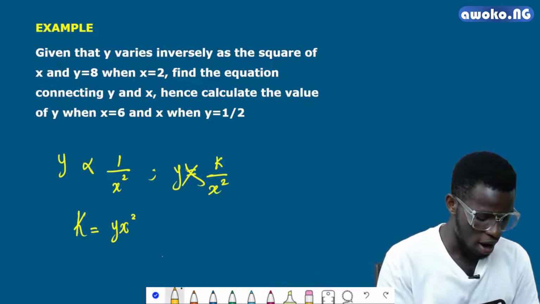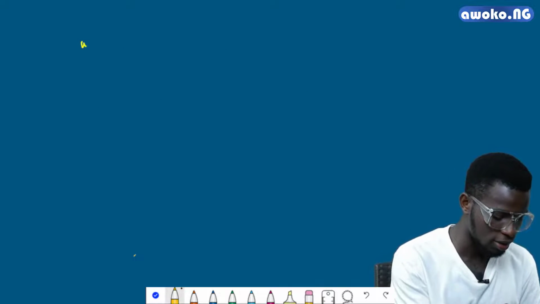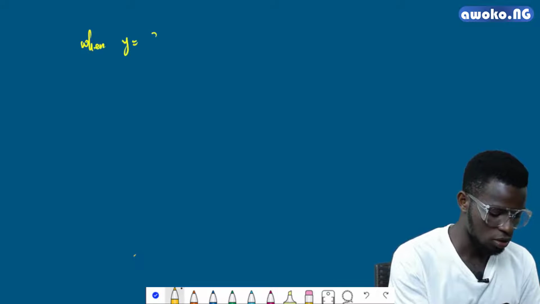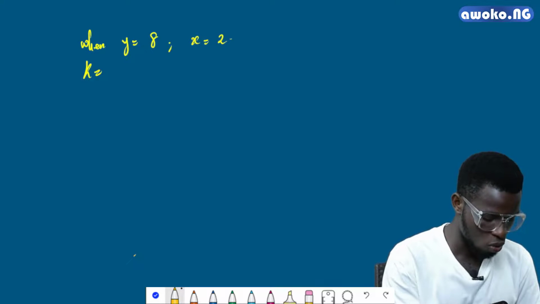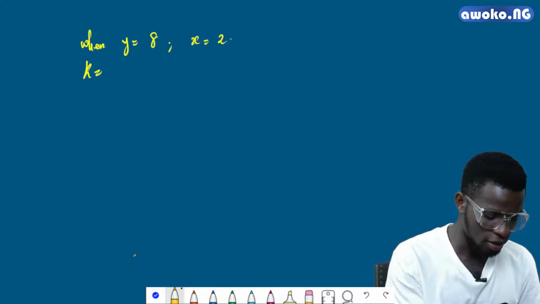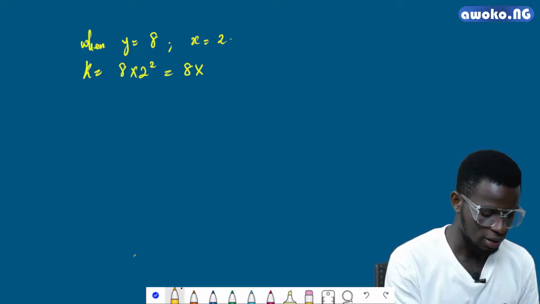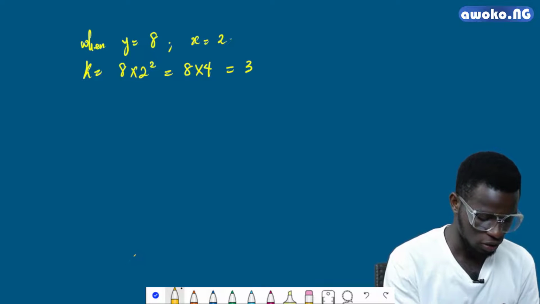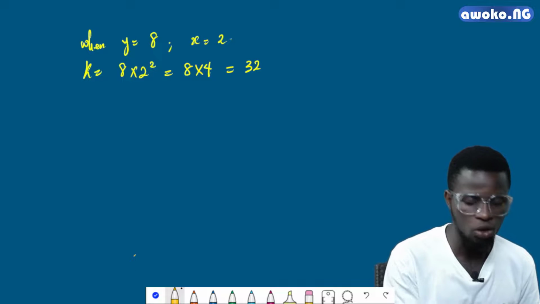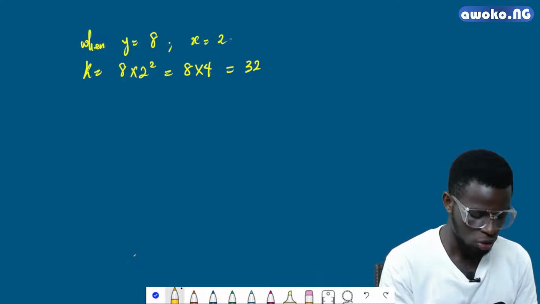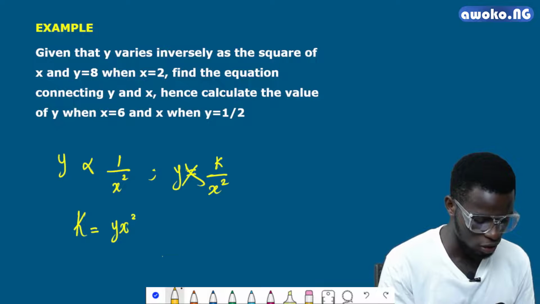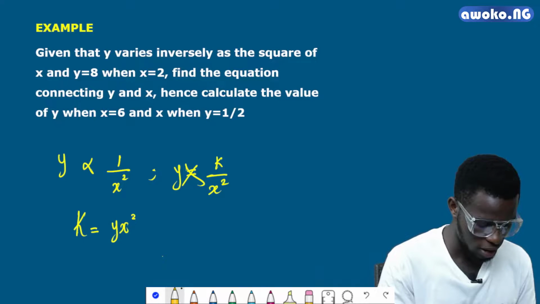So when Y is equal to 8 and X is equal to 2, K equals YX squared, which is 8 times 2 squared. Of course, 8 times 2 squared is the same thing as 8 times 4, which is 32. Now, since we have the value of K already, the next thing is to insert it into this particular equation.